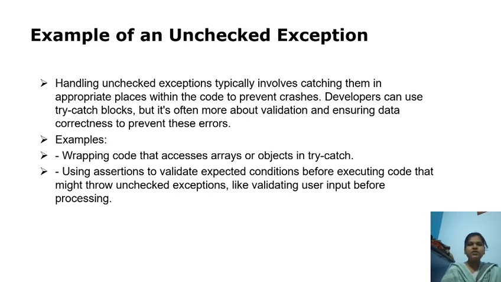Some examples are wrapping code that accesses arrays or objects in try-catch, and using assertions to validate expected conditions before executing code that might throw unchecked exceptions, like validating user input before processing.